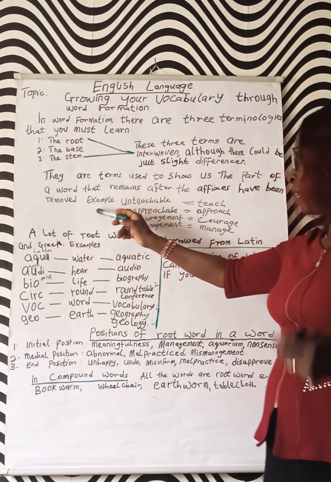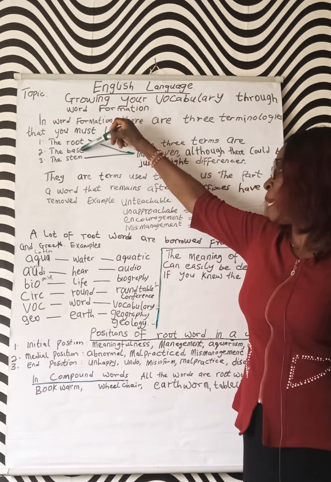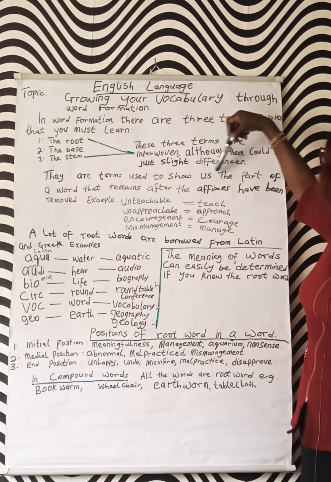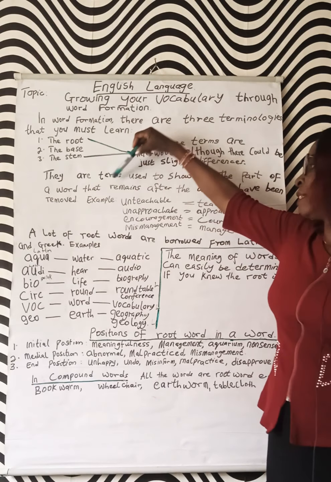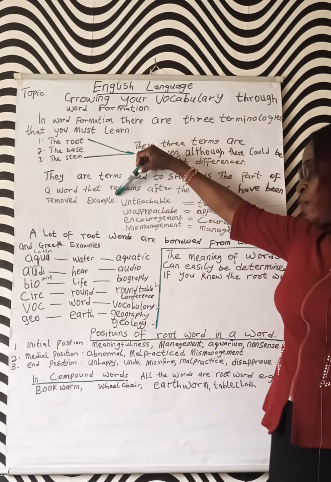That is the root word or the base, the stem. That's why I said again that these three terms are the terms used to show us the part of a word that remains after the affixes have been removed.